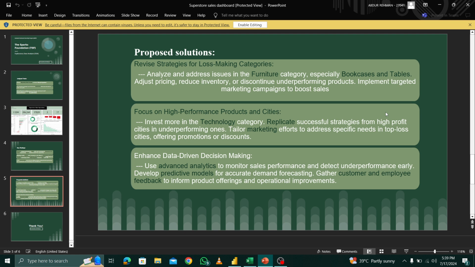So we can use advanced analytics to monitor sales performance and detect underperformance early, develop predictive models for accurate demand forecasting, and gather customer and employee feedback to inform product offerings and operational improvements.